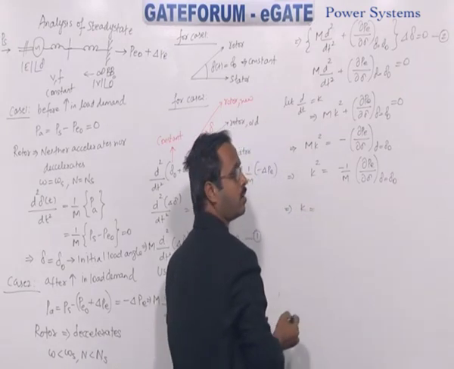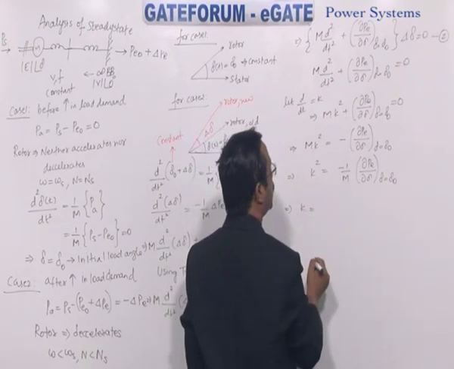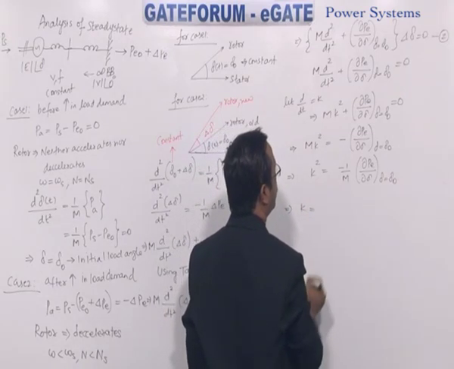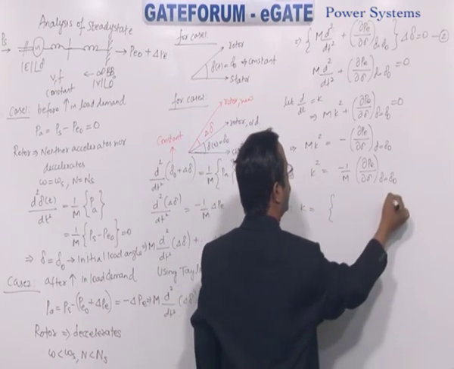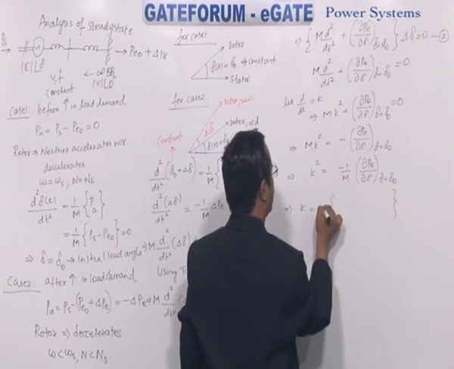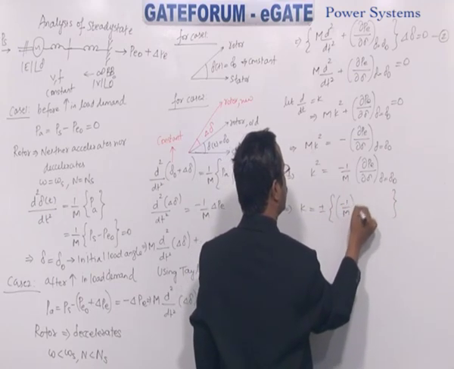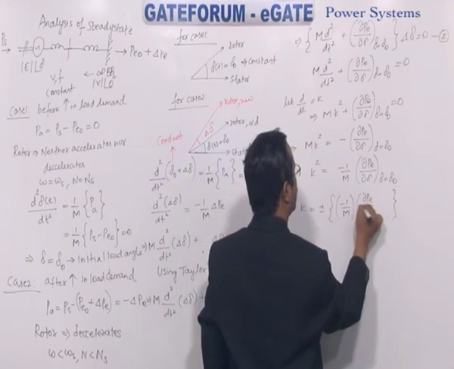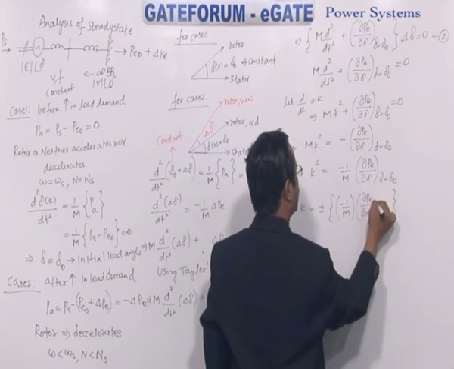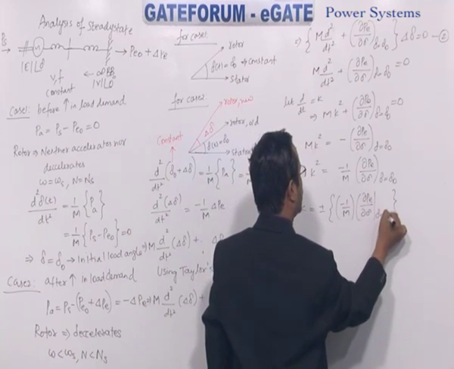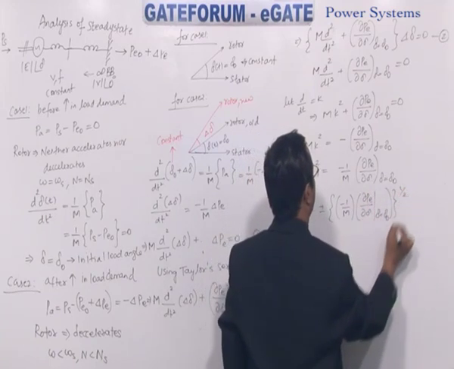What is k now? Apply the root here: plus or minus the root of 1 by m ∂Pe/∂δ evaluated at δ0.